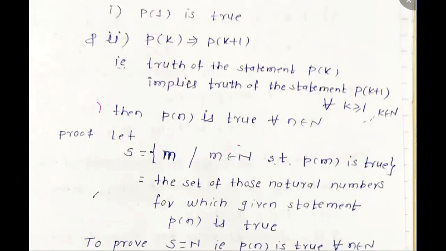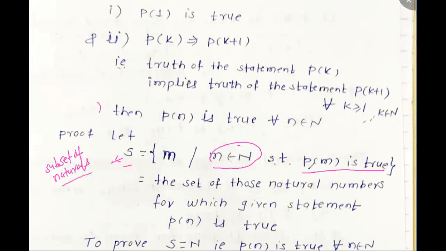So let us prove this theorem. Let S denote the set of natural numbers m for which the statement P(m) is true. It is a subset of natural numbers, because it contains natural numbers. Which natural numbers?